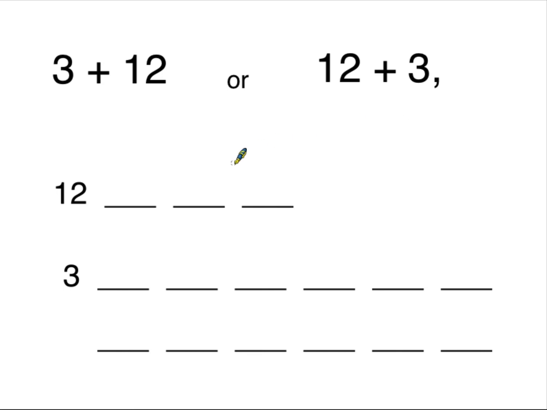You should grab the bigger number first. That's this one. So everyone grab the 12. Keep counting. Ready? 12, 13, 14, 15. If you want to, on your dry erase board, get the 3 and write 12 more. You're going to come up with the same number.